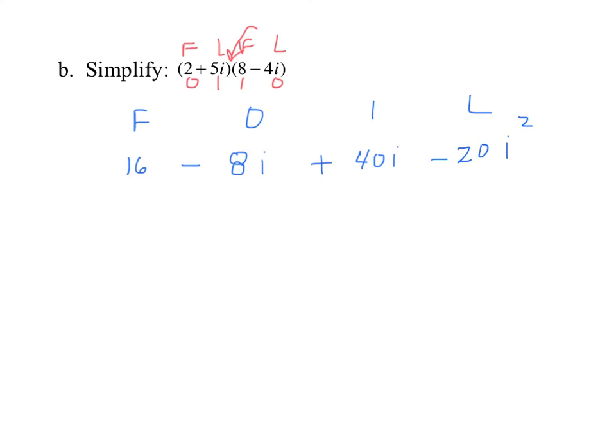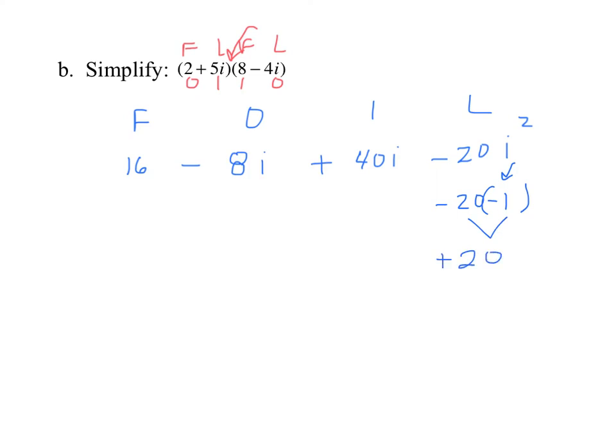So once the multiplying happens, you simplify, and here is where the i squared gets simplified as negative 1. Not in the radical, just a regular negative 1. That is multiplying to the negative 20. So that actually becomes positive 20.